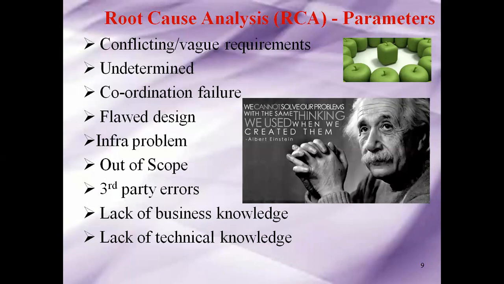Sometimes the out of scope. All of us know that in a software product, even in a service company, usually what happens is we have a critical mass line. Above the critical mass line is what features will be going for that particular release. Below the critical mass line is what goes into the next release.